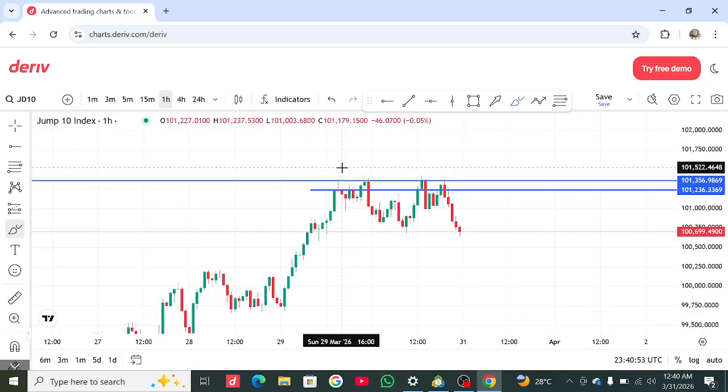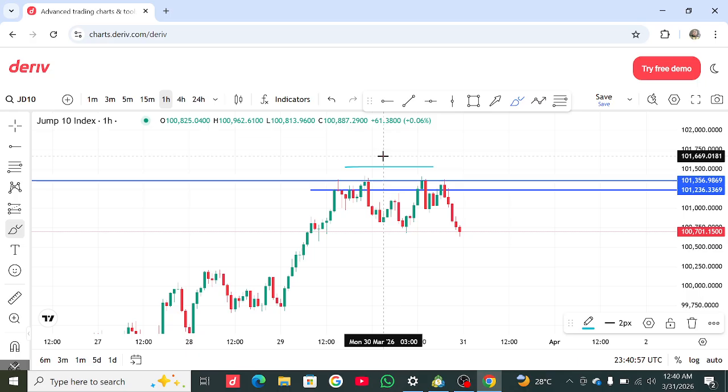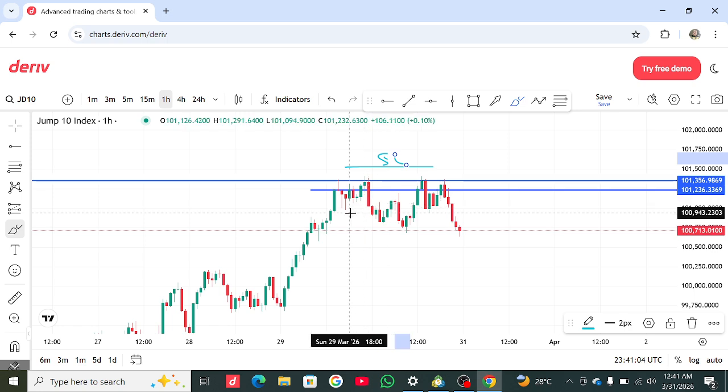This is where I dropped my SL. So now, even when it was almost trying to take me out, I was still relaxed because I knew that this shooting star will hold, because I have taken my bias from the higher time frame.